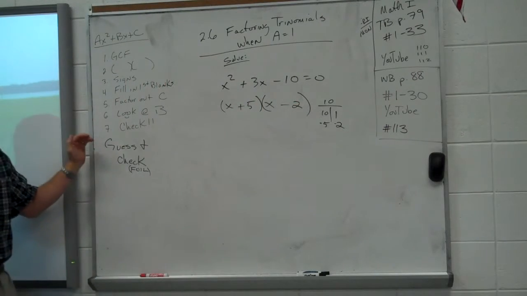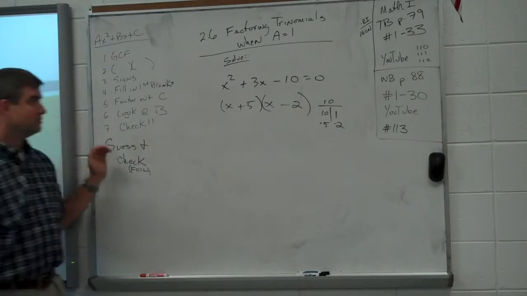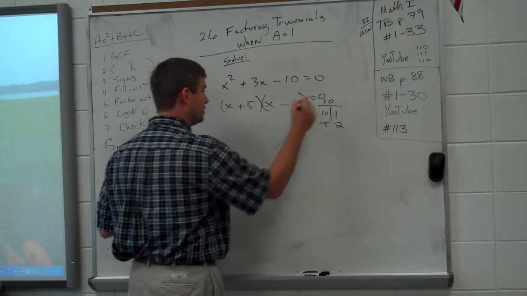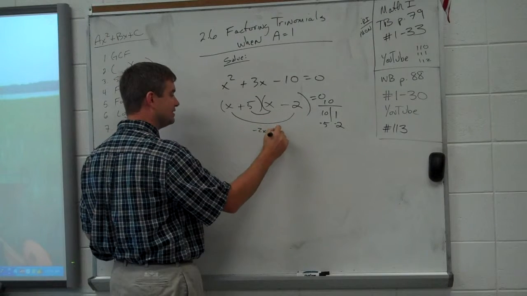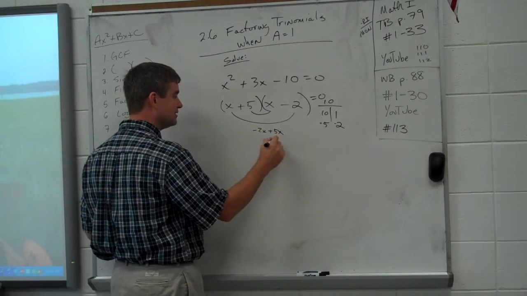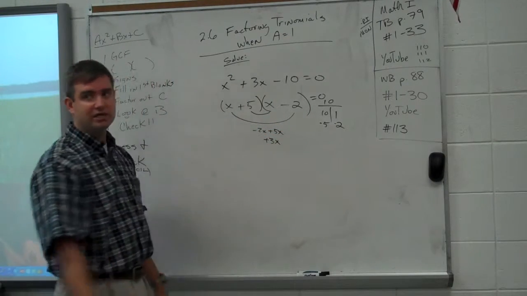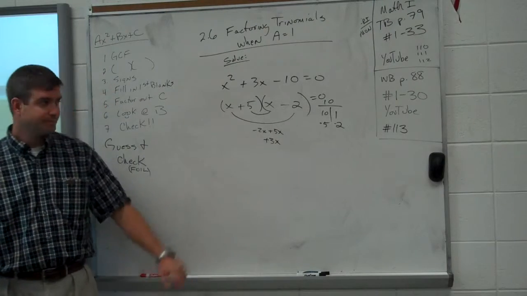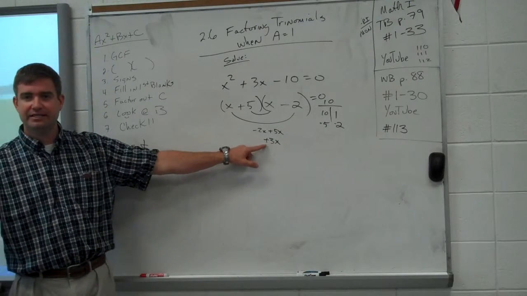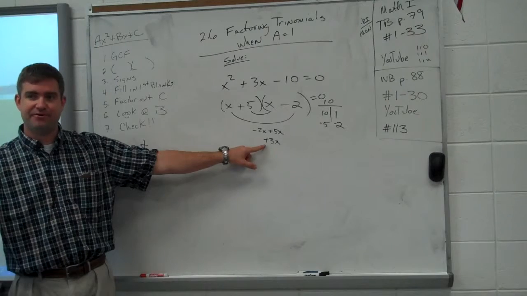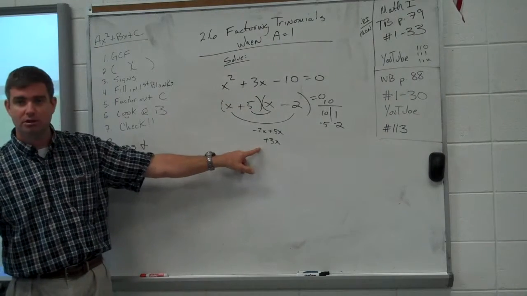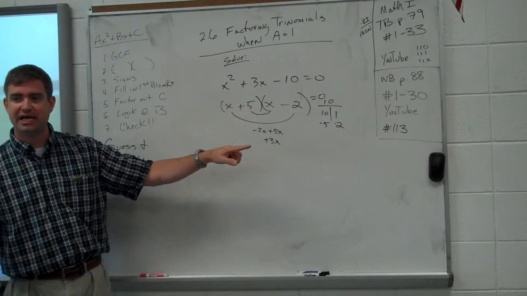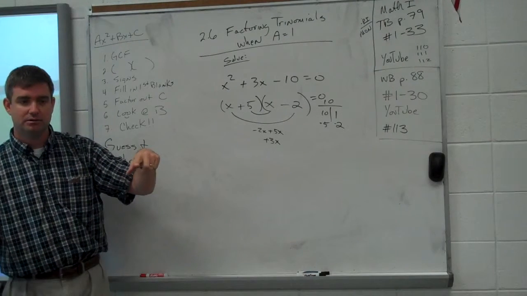What's the last step? Check it out. Make sure this is still equal to 0. Outside gives me negative 2x. Inside gives me positive 5x. That gives me positive 3x. Here's a hypothetical question: if this had worked out to be negative 3x, meaning I was really close except the sign was wrong, what would be the only thing I would have to change in order to make it right?